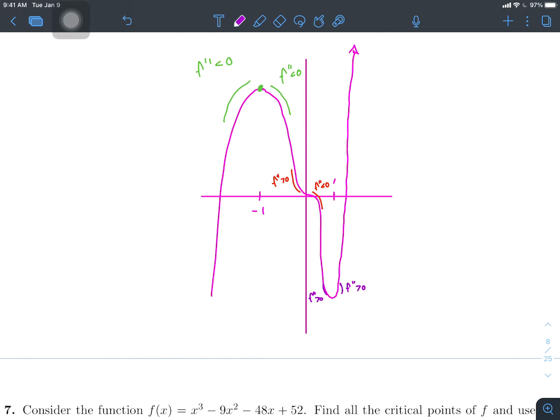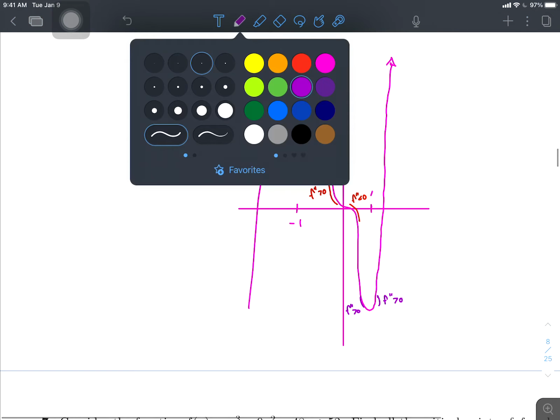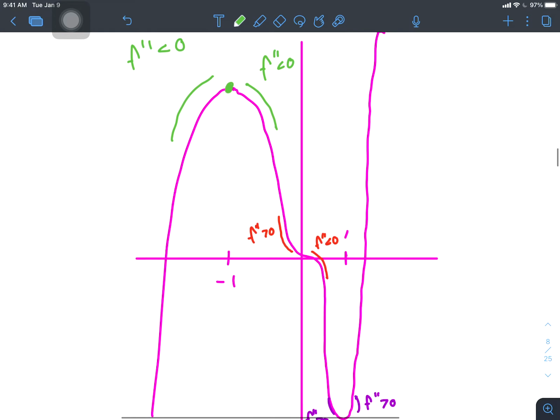And it is going to help us to identify whether a critical point corresponds to a local maximum or a local minimum in the following way. If I have a critical point here, and I notice that the second derivative nearby is negative, then the function is concave down.